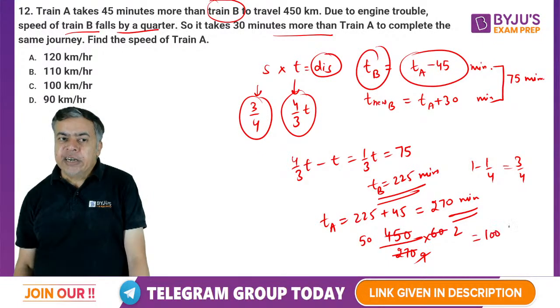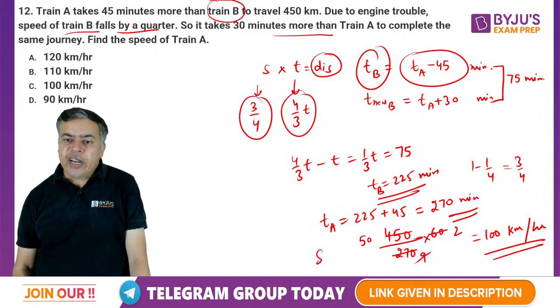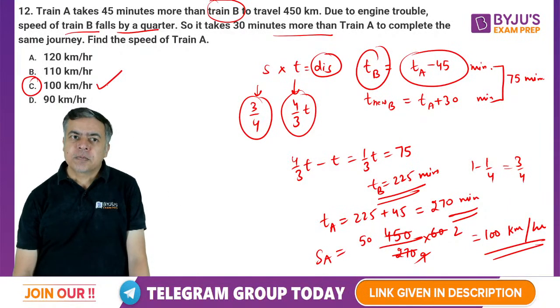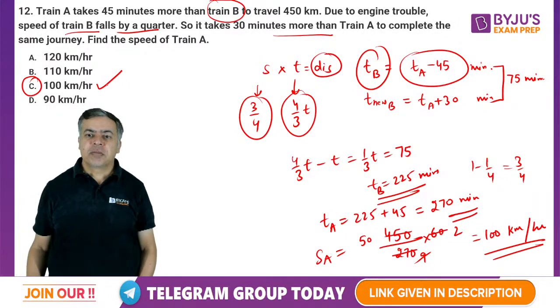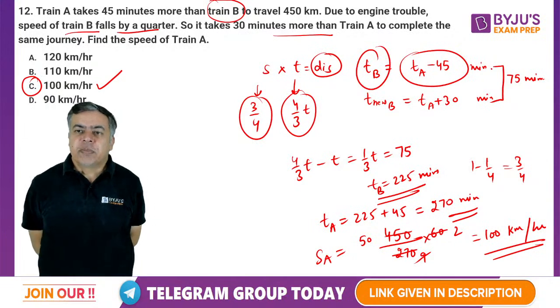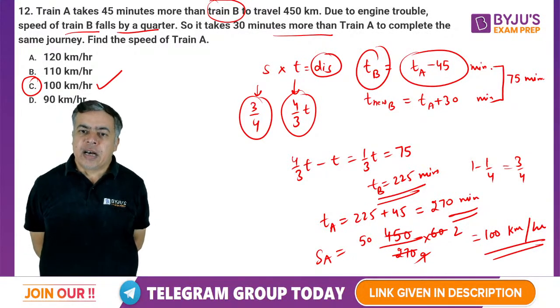The speed is 100 kilometer per hour. So the speed of train A is 100 kilometer per hour.